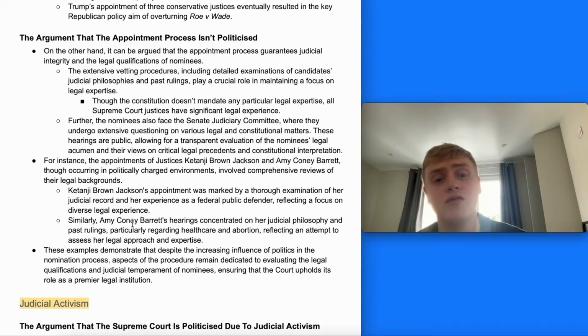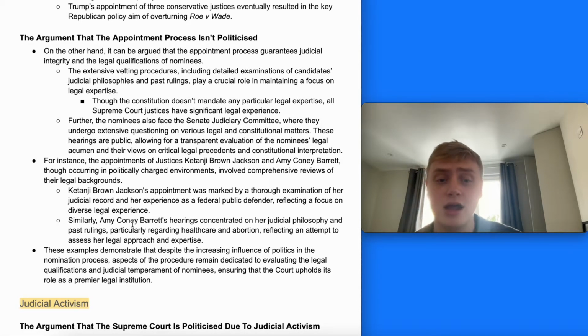The appointments of Justice Ketanji Brown Jackson and Amy Coney Barrett, though occurring in politically charged environments, involved comprehensive reviews of their legal backgrounds. Ketanji Brown Jackson's appointment was marked by a thorough examination of her judicial record and her experience as a federal public defender, reflecting a focus on her diverse legal experience, whilst Amy Coney Barrett's hearings concentrated on her judicial philosophy and past rulings, particularly regarding healthcare and abortion, reflecting an attempt to assess her legal approach and expertise.